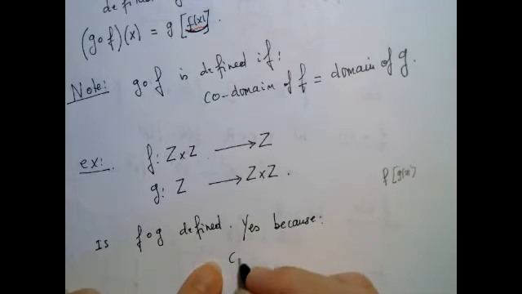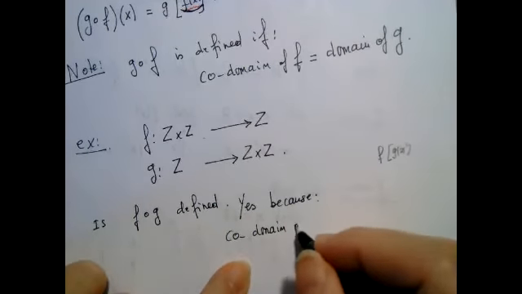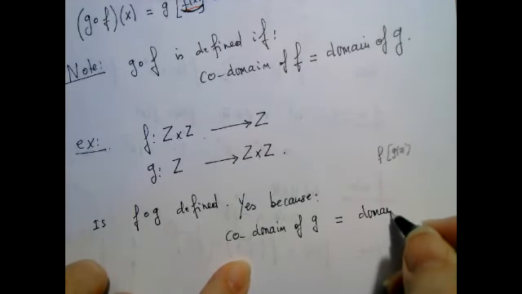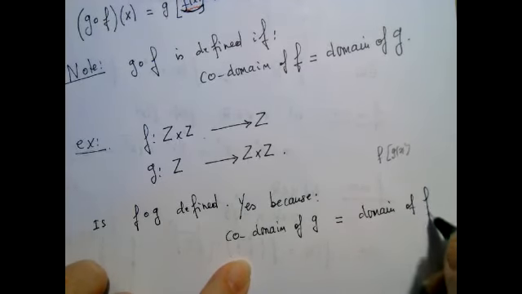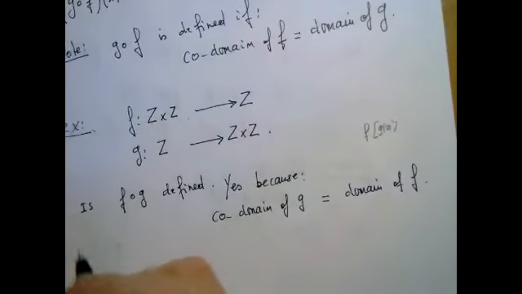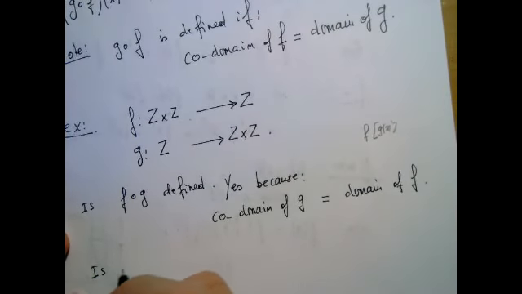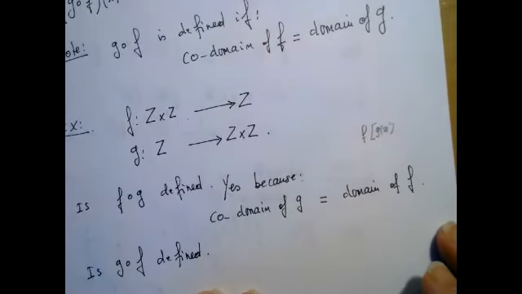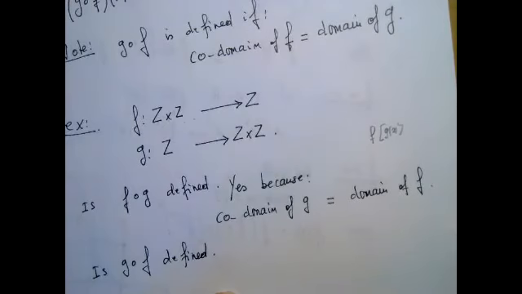So because the codomain of g coincides with the domain of f. Crucial. Now, is g composed with f defined? Okay, can I define g composed with f? Again, analyze. How is g composed with f defined?